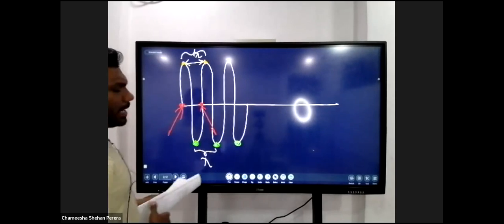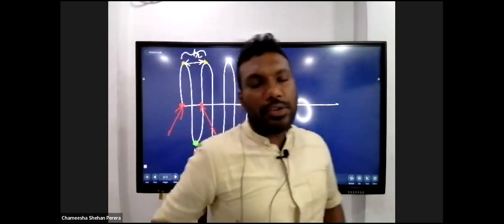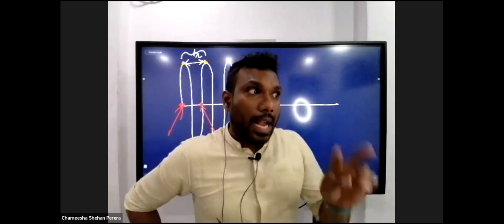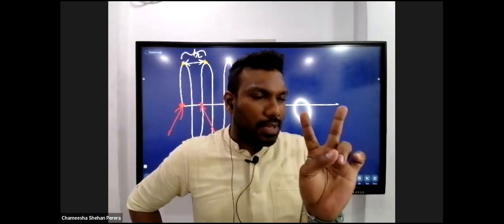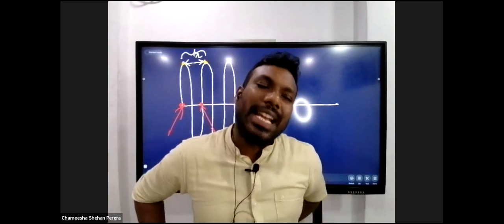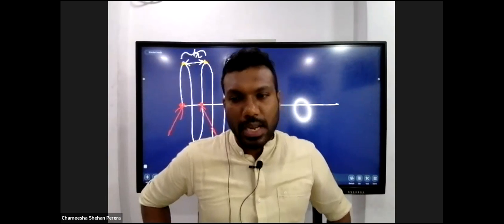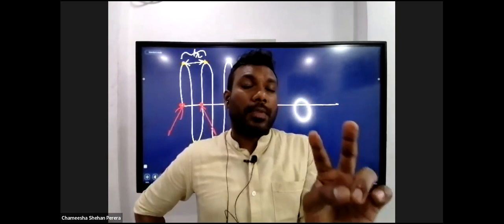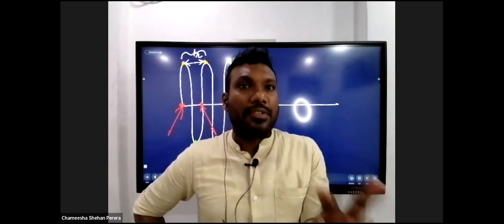Right. When you talk about a longitudinal wave, the wavelength definition is still the same. The distance between consecutive particles in the same state of motion in the wave motion is the wavelength, even when you are talking about a longitudinal wave. So the simple definition is not the distance between two consecutive crests or consecutive troughs.